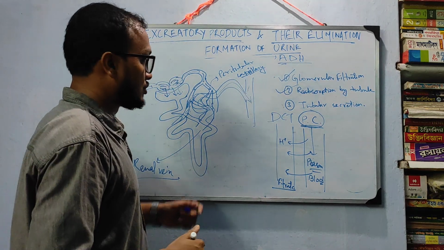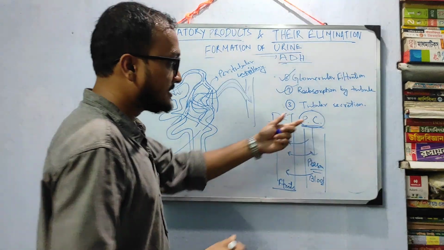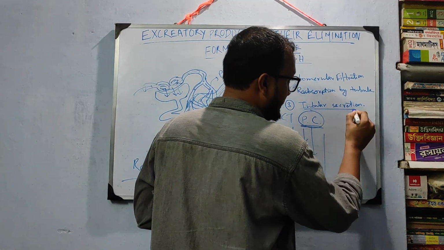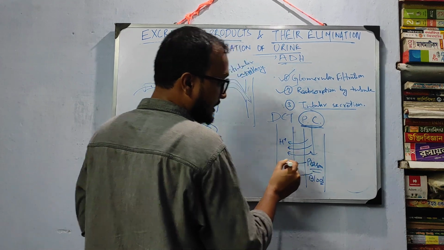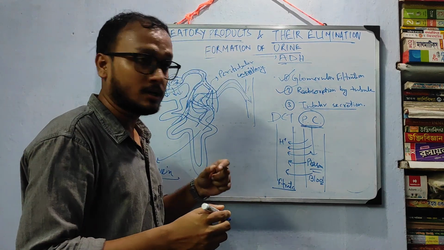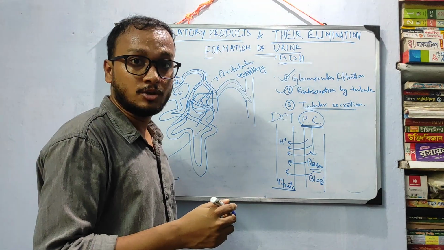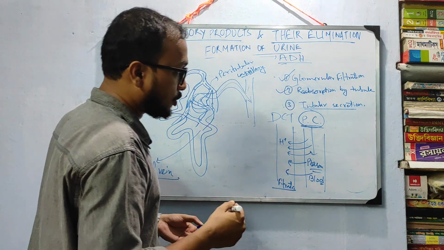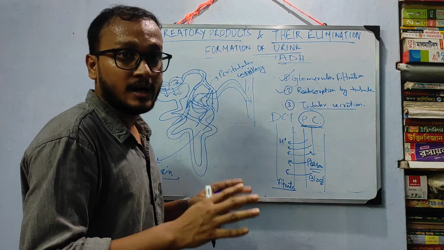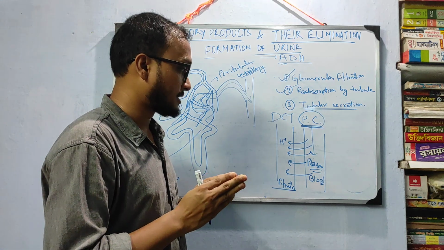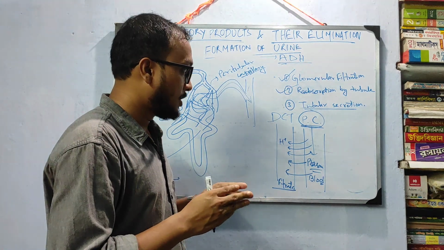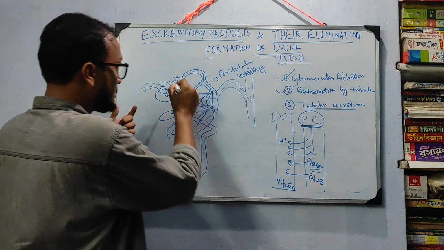So the peritubular capillary is secreting: tubular secretion. The tubule is secreting the toxic or waste product in the distal convoluted tubule so that the proper composition of the plasma can be maintained. Why were they not filtered in the glomerular region?